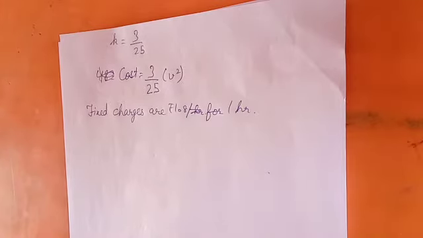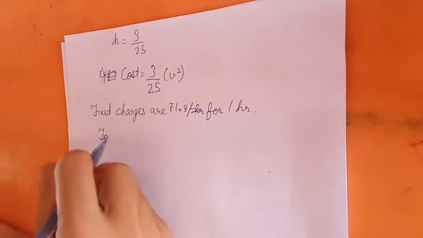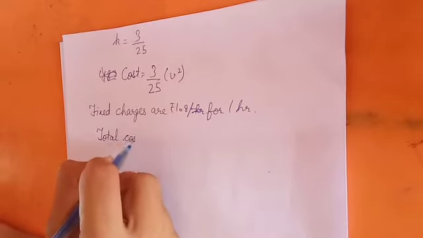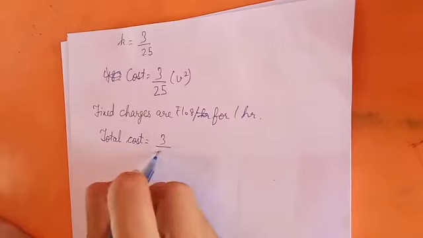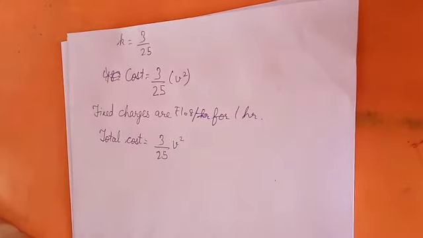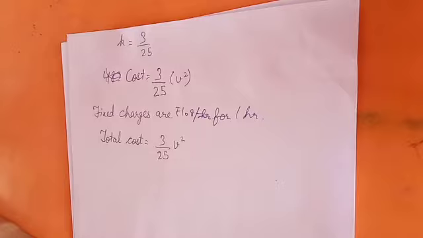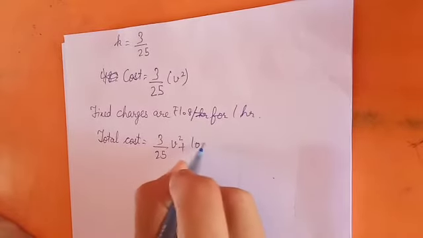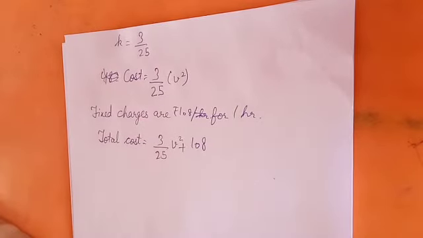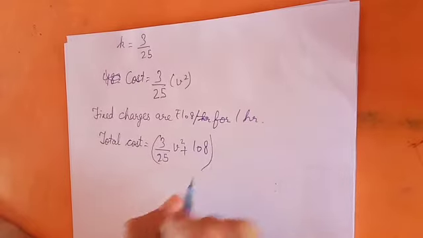Okay, so what will be the total cost? Total cost will be equal to 3 by 25 v square, that is not fixed, that depends on the speed, plus 108, that is fixed, that will be for sure, into time.